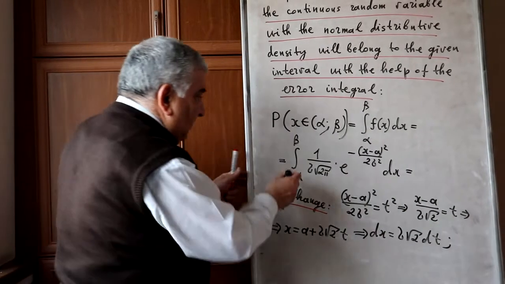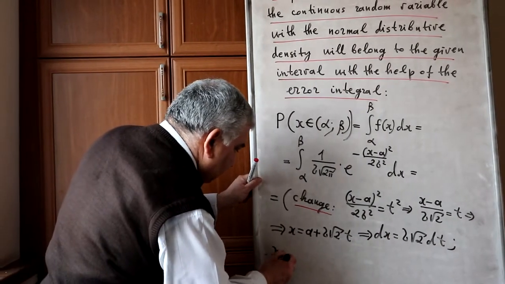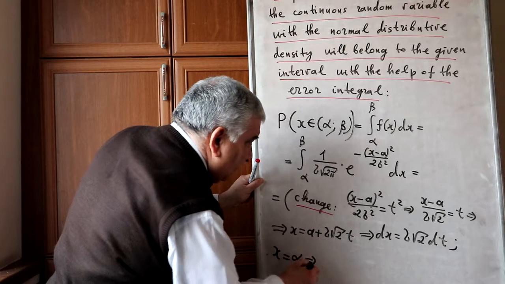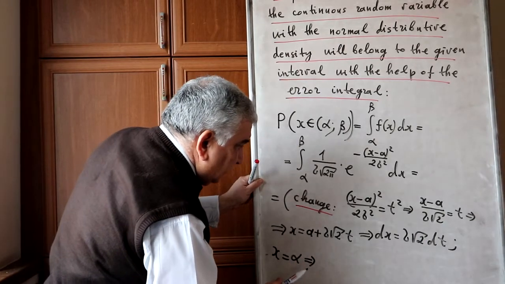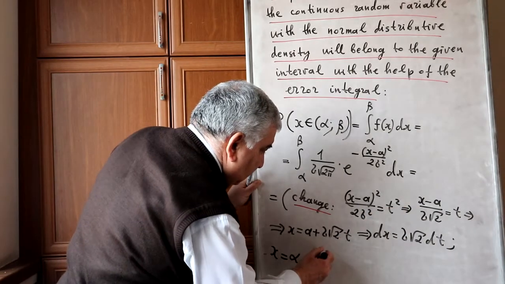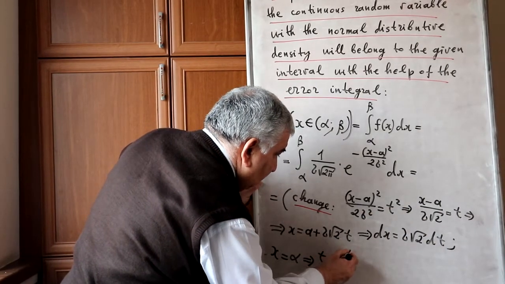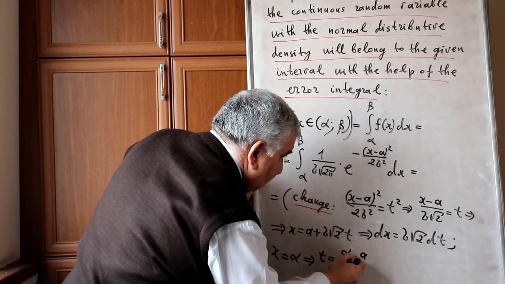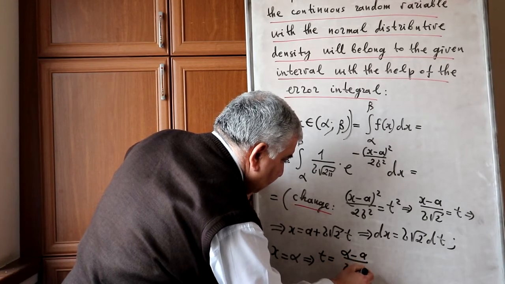If x equals alpha, then substitute alpha instead of x. t is alpha minus a over sigma square root of 2.